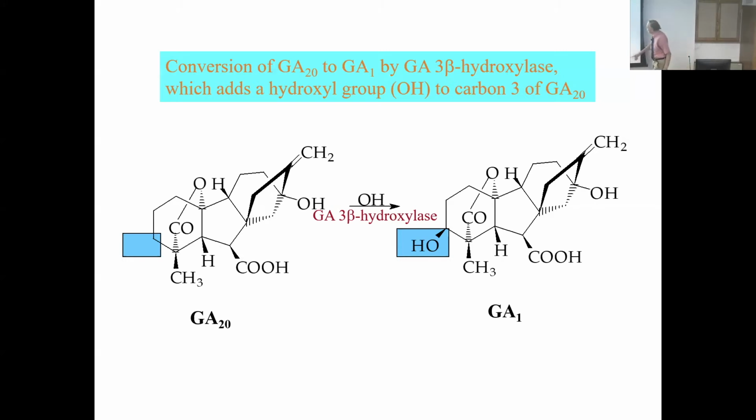And it is called that because of the numbering of the carbons in this molecule, this is carbon number 3. So it's just the addition of one hydroxyl that makes all the difference between a tall and a dwarf. They both have GA1. A dwarf has a low level, a tall has a high level.